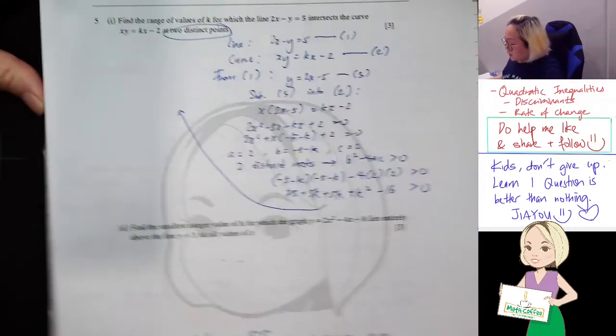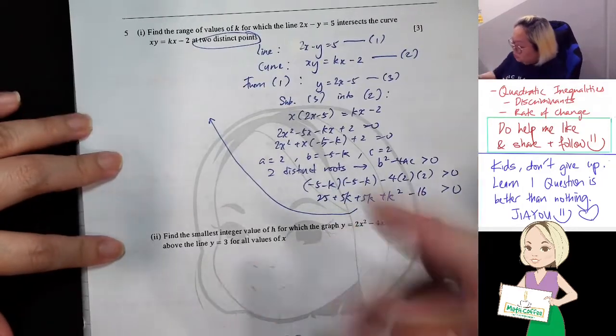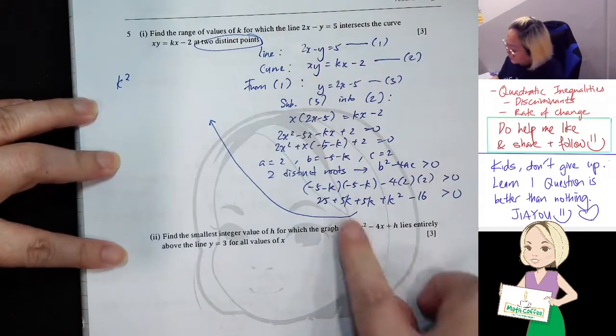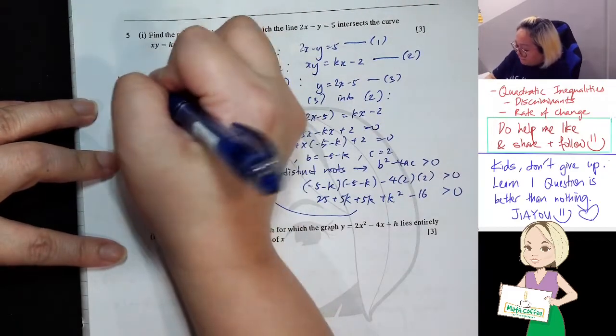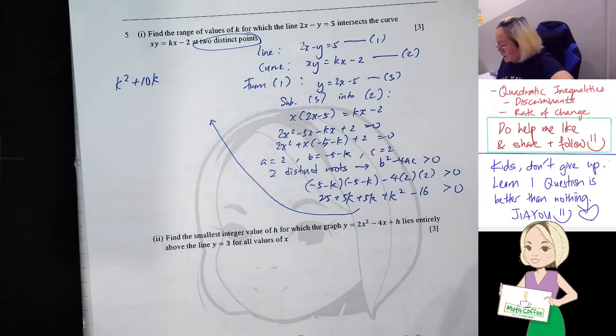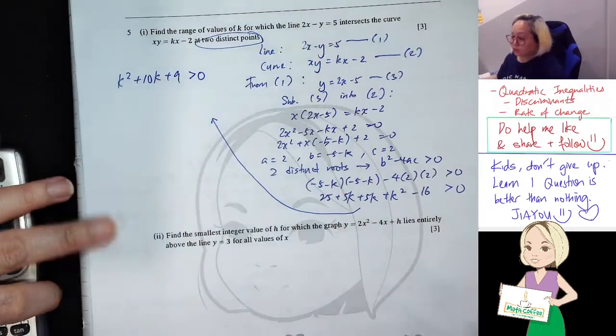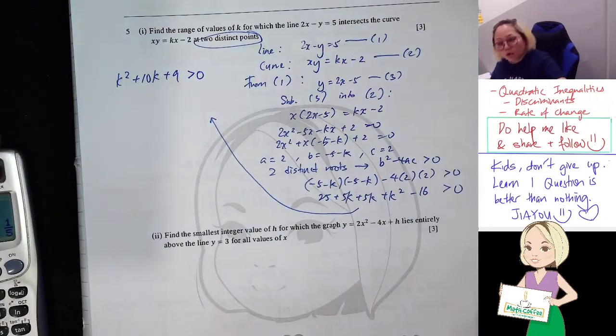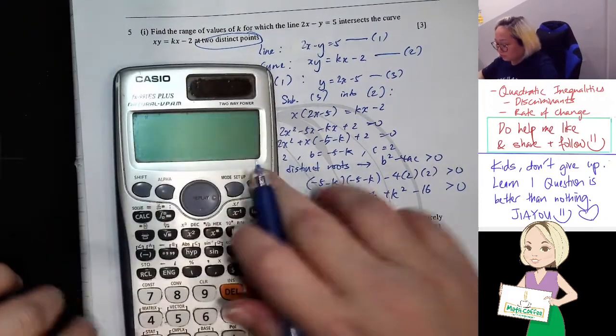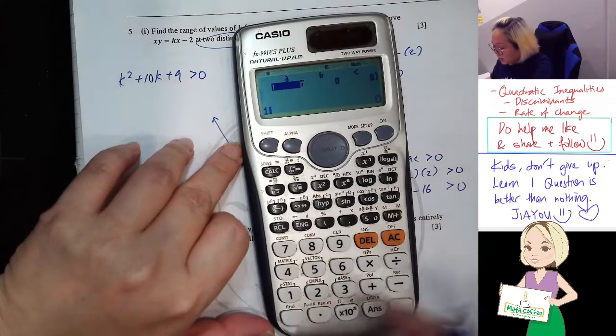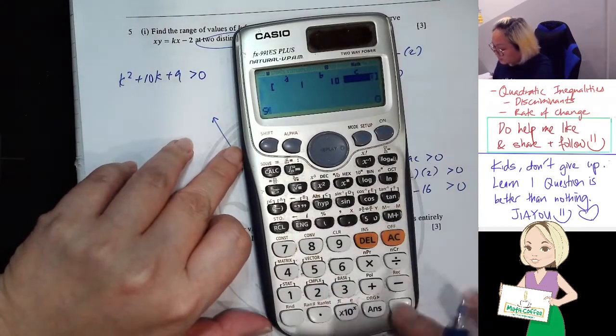Okay, so I will have k squared plus 10k, 25 minus 16 will be plus 9, more than 0. So you see this one again is a quadratic inequality, so we are supposed to factorize this. So 1, 10 and 9.